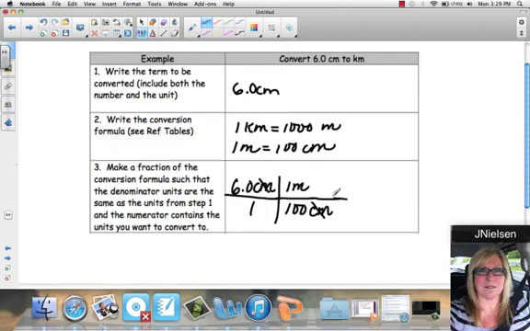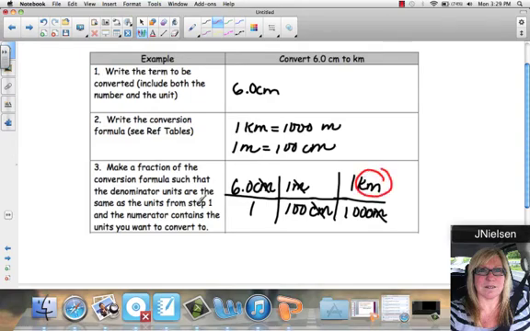I want to get to kilometers, so I'm going to keep going. However, this time I need to write meters in the bottom, so meters cancel. So 1,000 meters on the bottom is equal to 1 kilometer. Now my meters cancel, and lo and behold, I am left with units of kilometers. You might be thinking, how do I solve this problem?